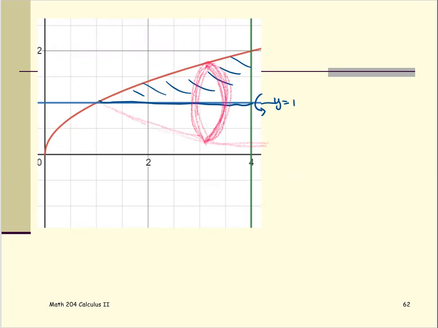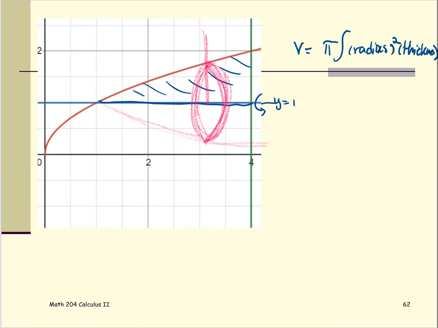It will be the disk that's formed after you do the slicing technique. Now, for the slicing technique, same formula: the volume equals pi times the radius squared, multiplied by the thickness.